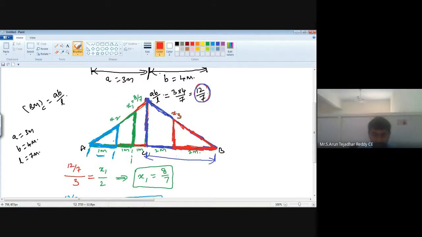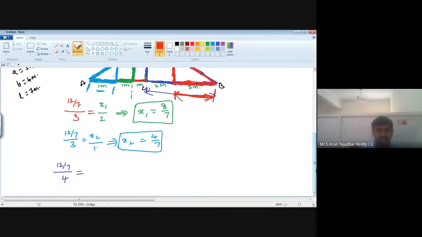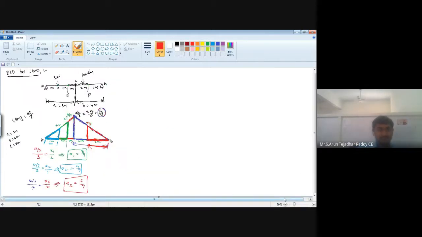Our base is only in this portion, our base is 2 meter, so that is x3 by 2. What is the value of x3? That is 6 by 7. Okay, this is to find out ordinates only.